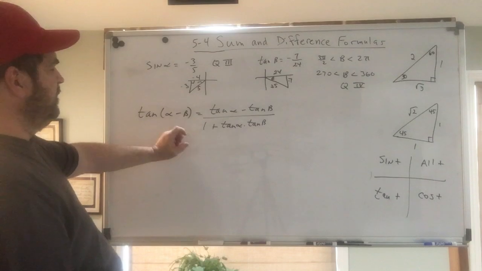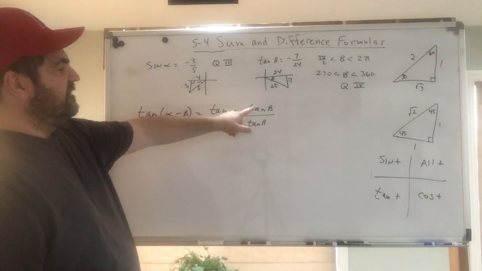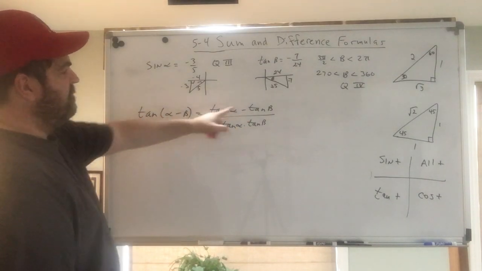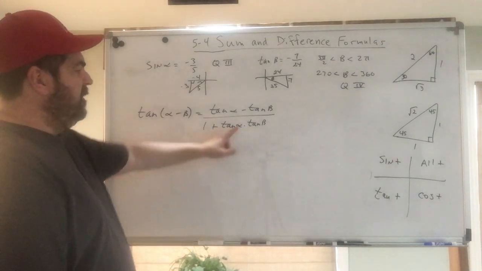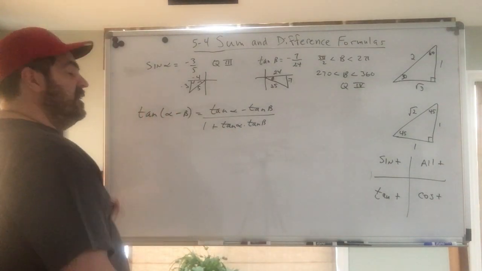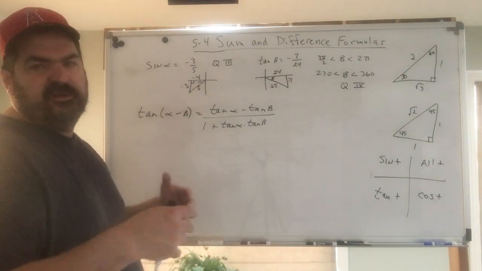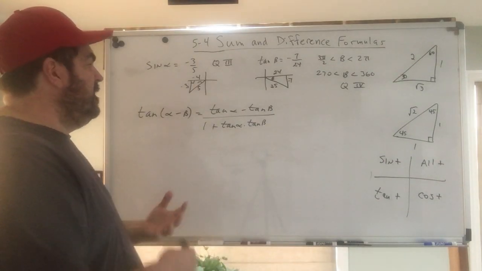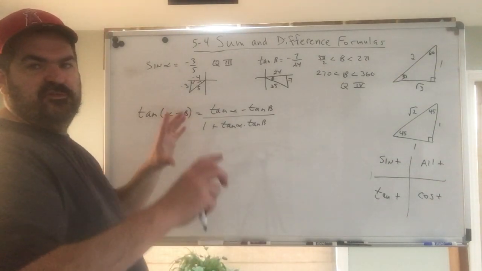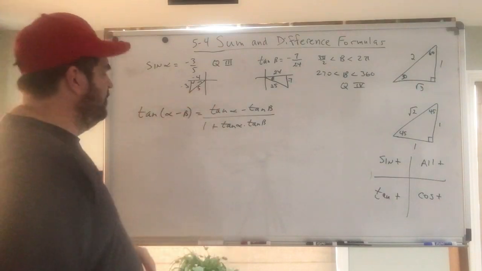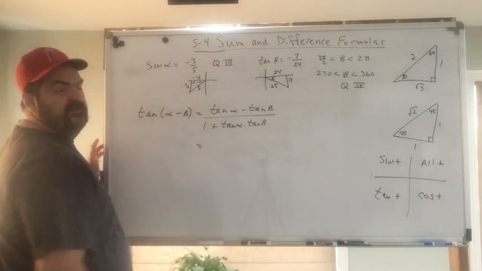I write down the formula first. It's tangent of alpha minus tangent of beta, because it's the same, but then this one switches to plus. And remember, this is times. This is where they'll do this right, and then their math they'll be frustrated because they don't get the math right. With today's calculator, you just use your fraction button, type it in, and it'll take care of it for you. But we should learn how to do it.